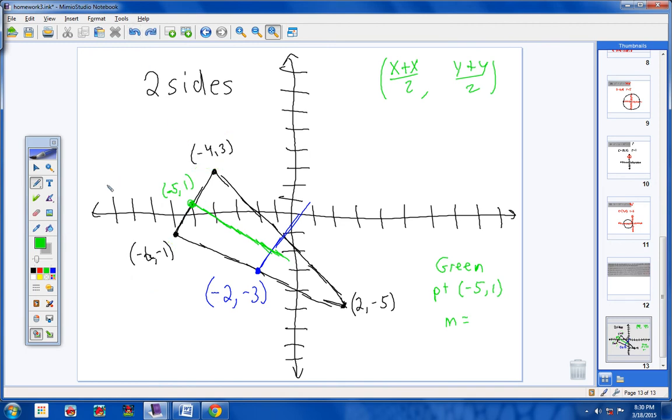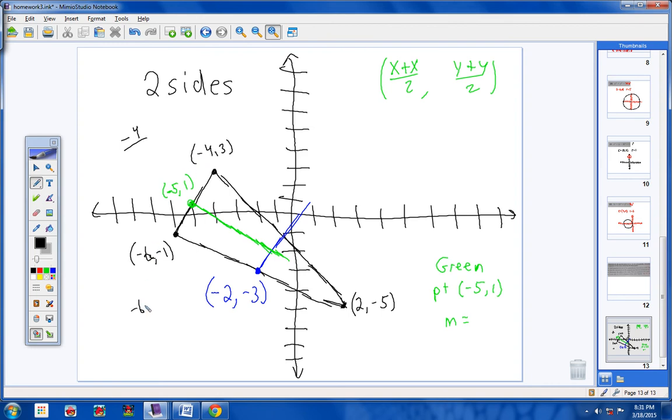How do you find the slope? Well, if you remember, it's y minus y over x minus x. Okay, so with that in mind, here we go. Y minus y, negative 1 minus 3, negative 4, x minus x. Watch your signs.